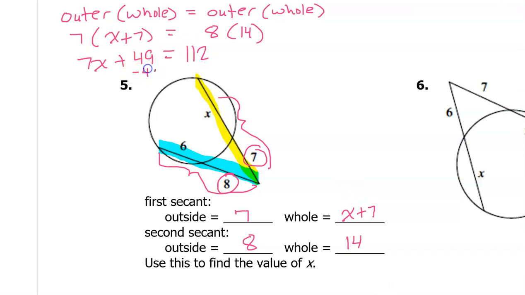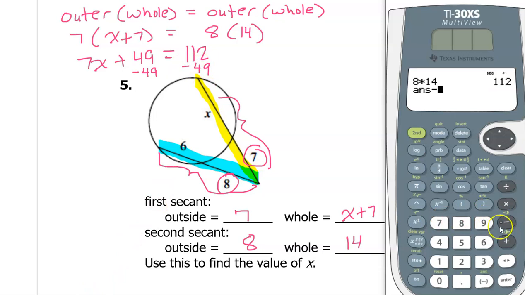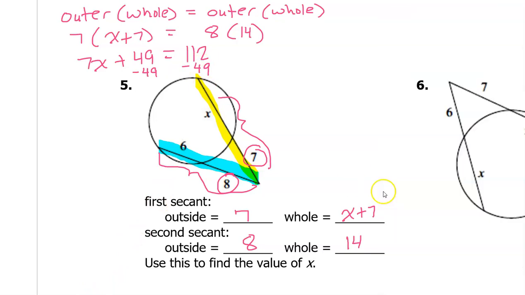Let's subtract 49 from both sides. Okay, so that gives us 7x is equal to 63. Finally, when we divide both sides by 7, we end up with x is equal to 9.